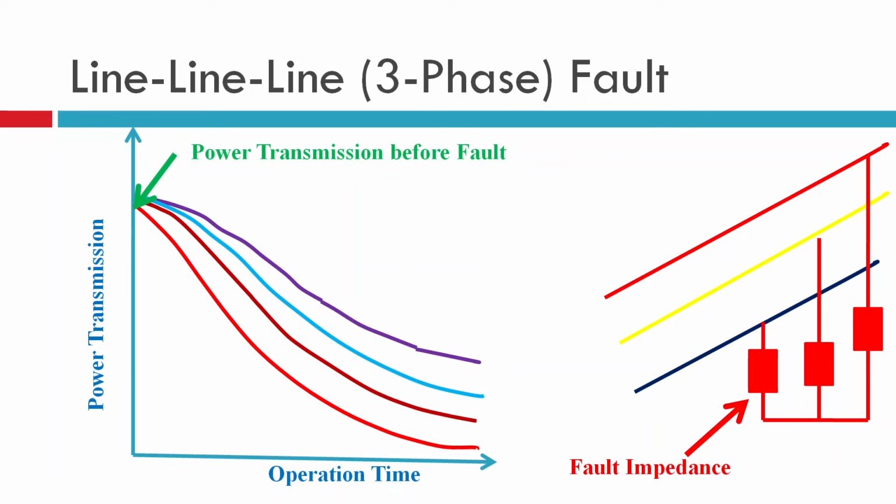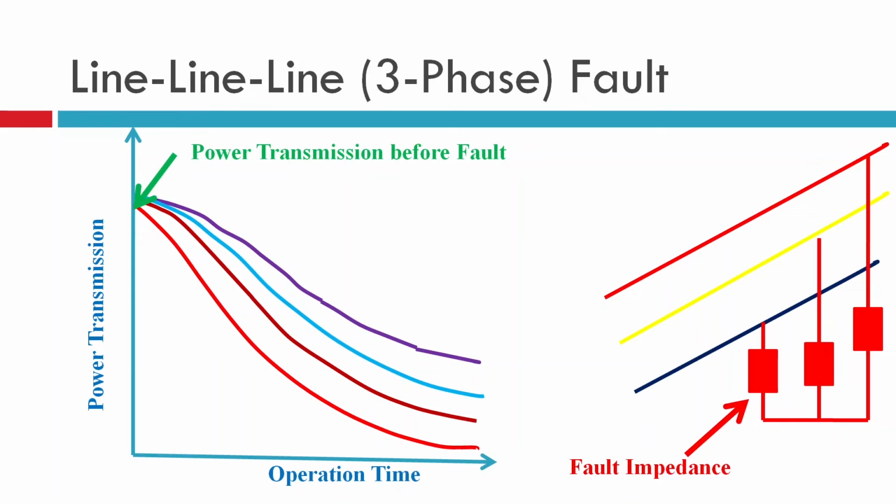Now, three phase fault. Here we can see in this diagram, if three lines are connected through some impedance, they may be either same or different. In three phase fault, the transmission lines are joined together by three impedances.